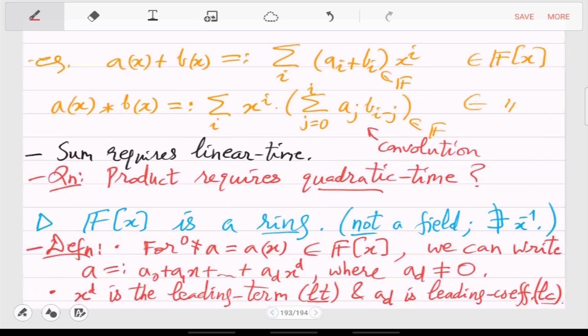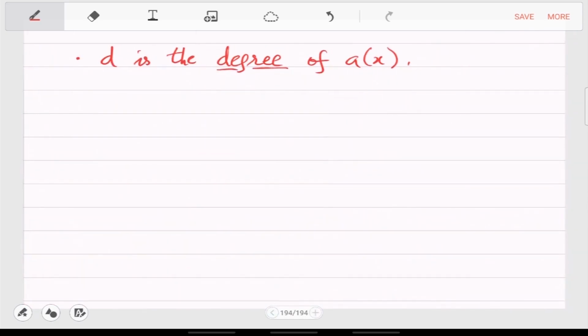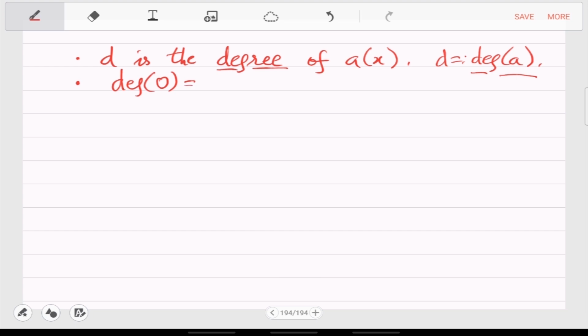So d is the degree, which we will write with this notation: degree of A. Degree of 0 we will define to be minus infinity, and degree of anything non-zero will be greater than or equal to 0.